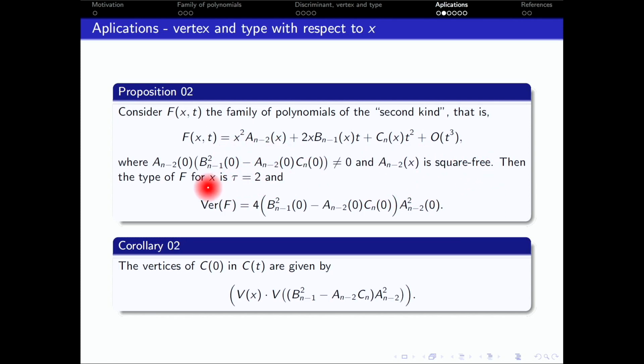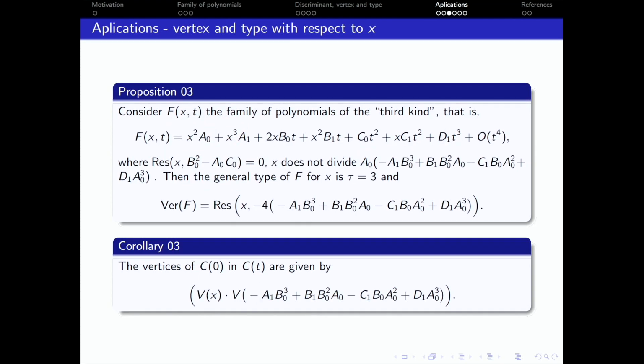The type with respect to x is equal to 2. And the vertex satisfies this expression. The interpretation as zero cycles is this one. But once more, since this component is square free, we may say that the general type of this family is 2. So we may write anything here and the limit of the dual plane curve does not change. And the third kind is the same.